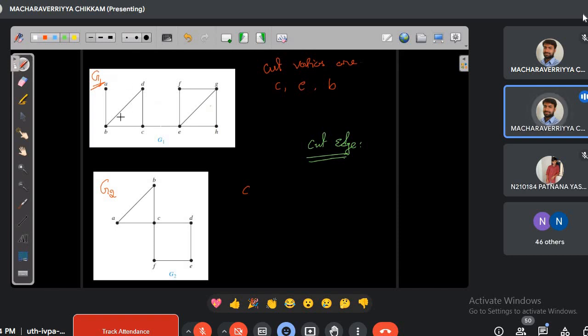So does G1 have any cut edge? Yes. If you take the edge CE, this is a cut edge for this graph. Any other cut edges? I hope we can have one more cut edge.